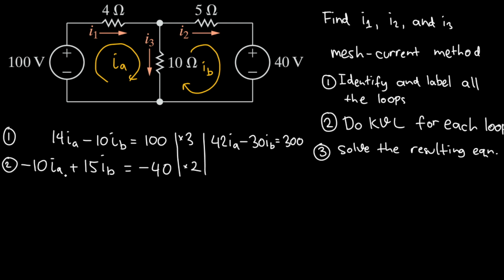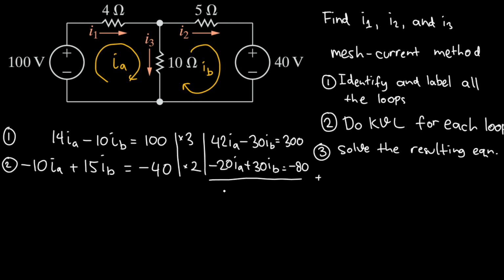Good. And then now we will have minus 20 IA, and then plus 30 IB, and that will equal to minus 80. We can just add them up so that minus 30 IB and 30 IB will cancel each other.